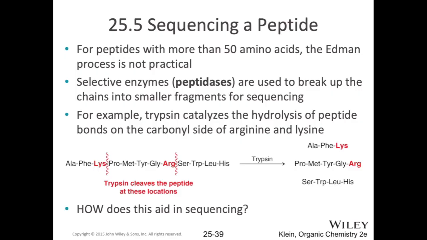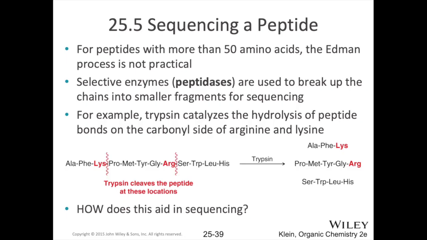Now, that being said, you can't just break a peptide chain randomly, because then you don't know how the different pieces go together and you lose information that way. So we need to select a method of breaking up our peptide chain selectively. Basically, break it down in ways that we expect, and then when we get the data at the end, we can take those pieces and put them together like a jigsaw puzzle.